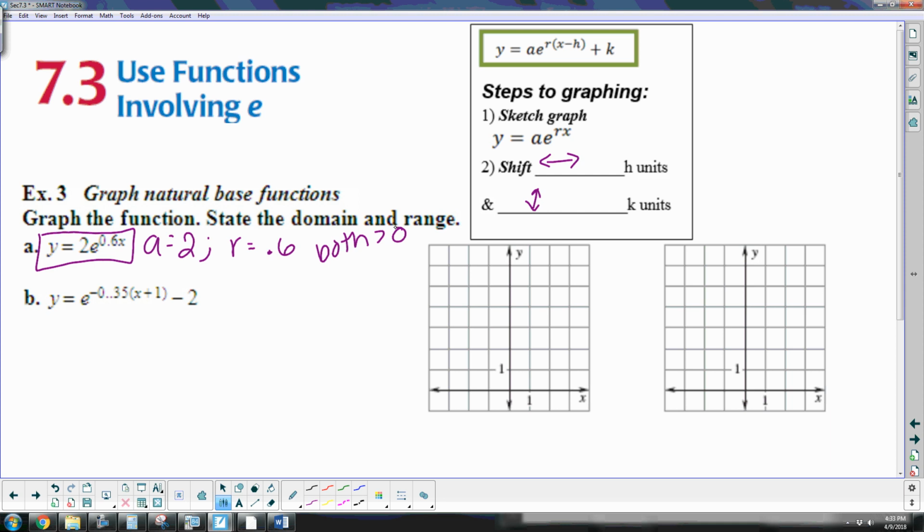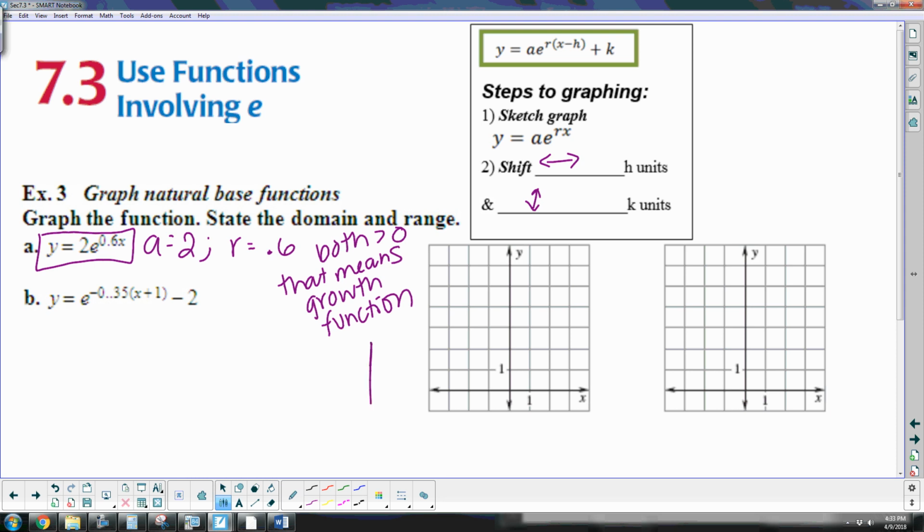So they're both greater than 0. That means it's a growth function. So now we can graph this just like we've been graphing.